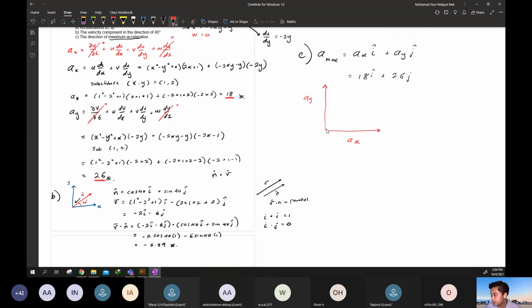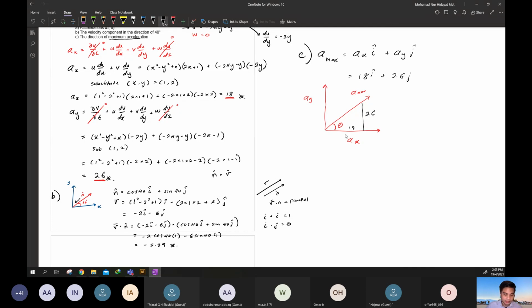So the total is here. This is the total acceleration, A max. The question asks to find the angle here. AX here is 18 and AY here is 26.